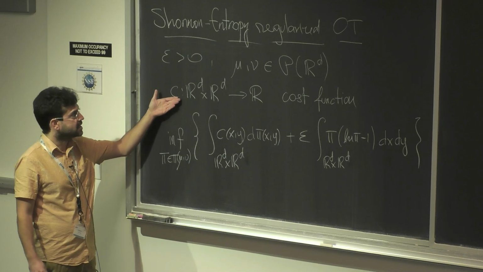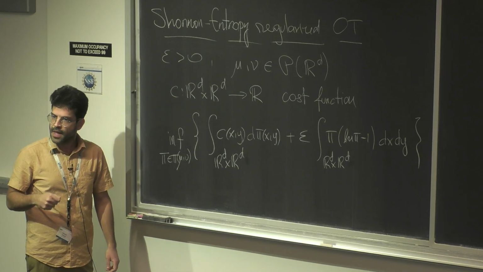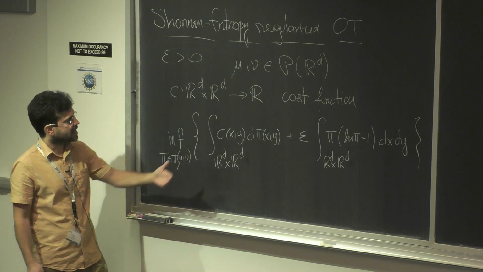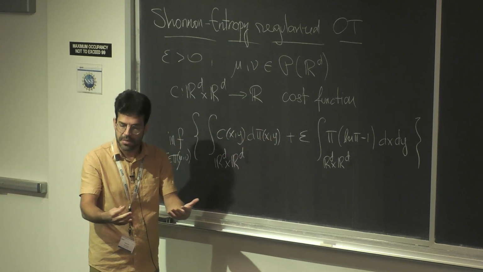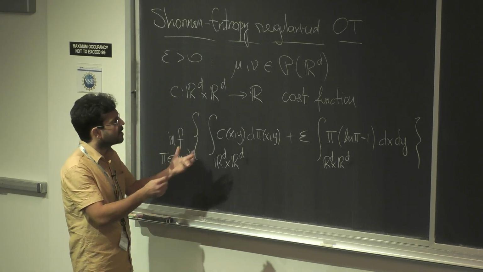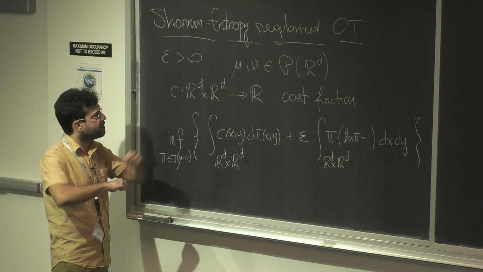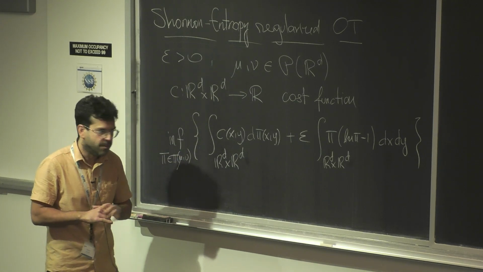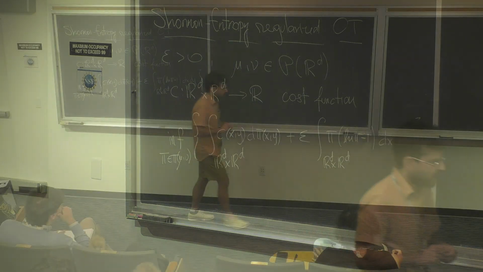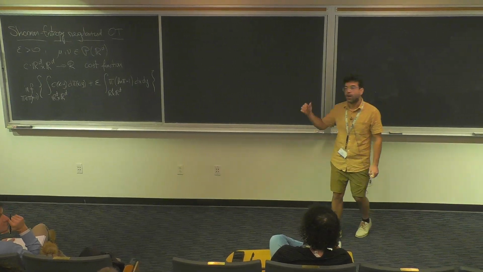So I could choose C to be Coulomb, so 1 over the distance. And this has a different interpretation. I guess epsilon in this case can really be seen as a temperature parameter. And you can think that mu and nu are clouds of particles that are repelling each other via the Coulomb interaction.